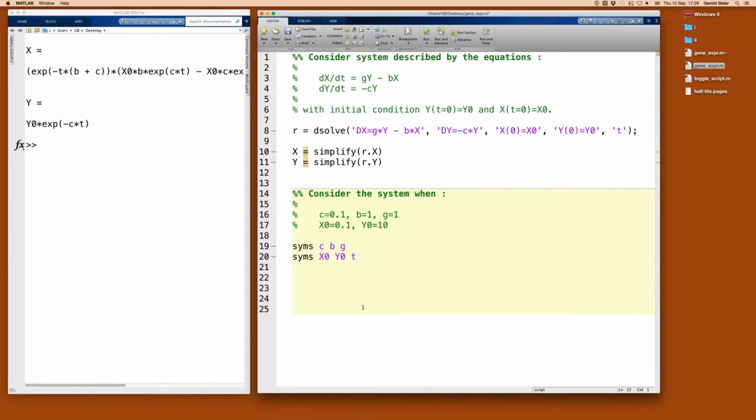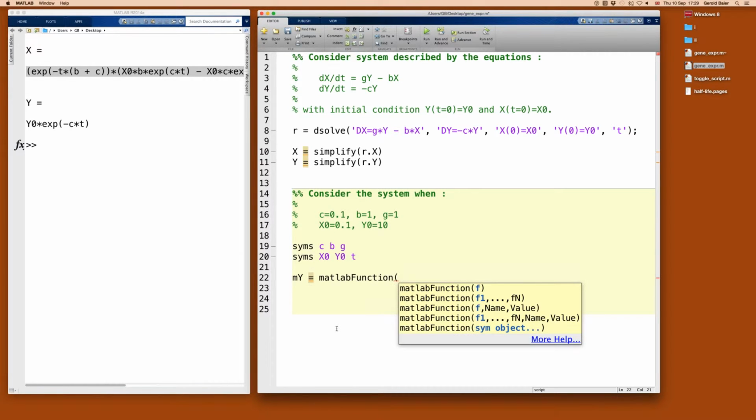Now we're going to use our handy MATLAB function to convert the expressions here into functions that we can then use numbers with. So I'm going to use our matlabFunction to convert our symbolic expression into a MATLAB function. I'm going to start with y.